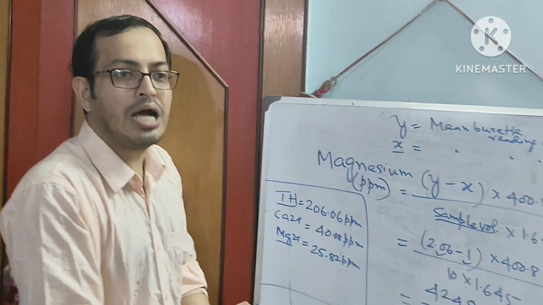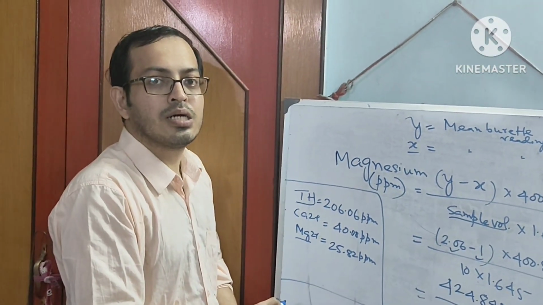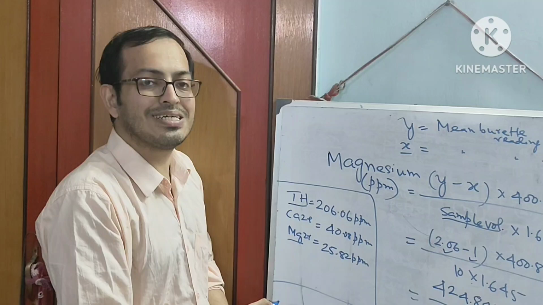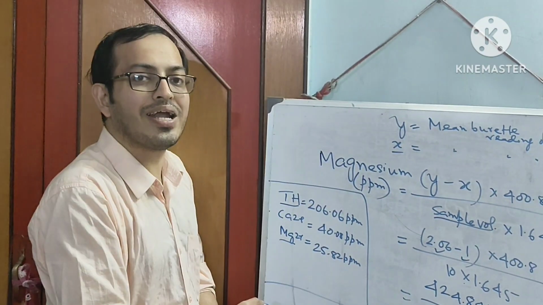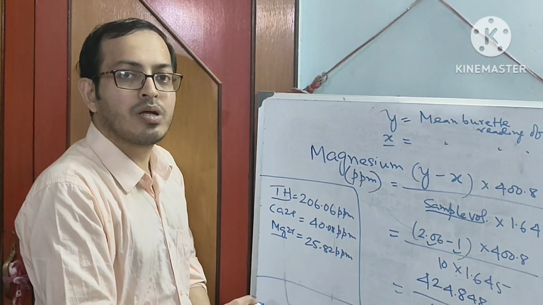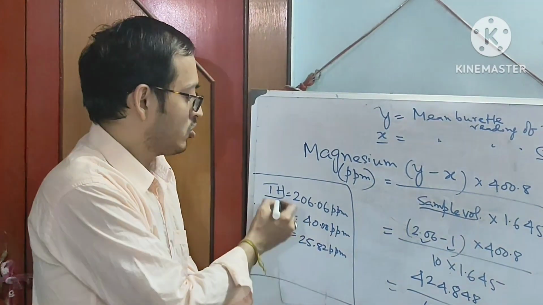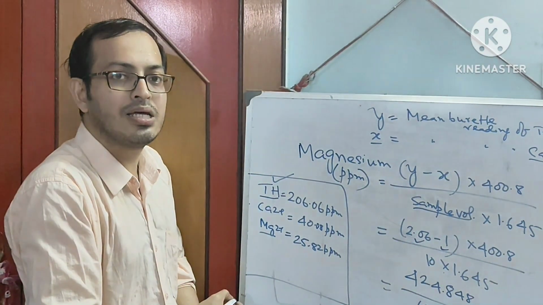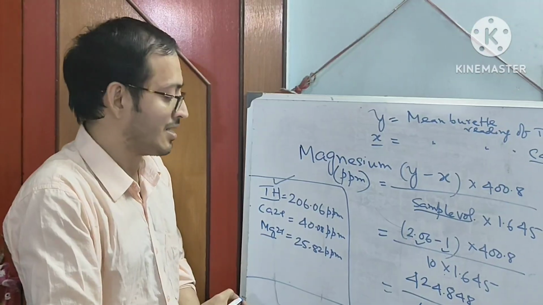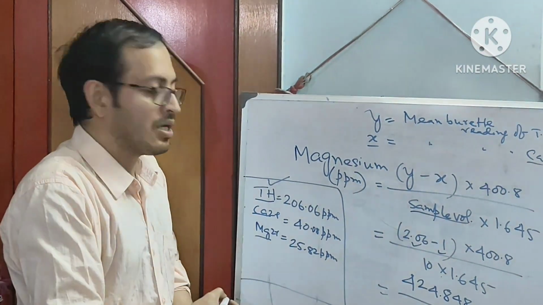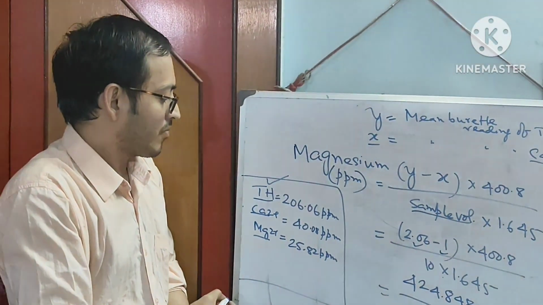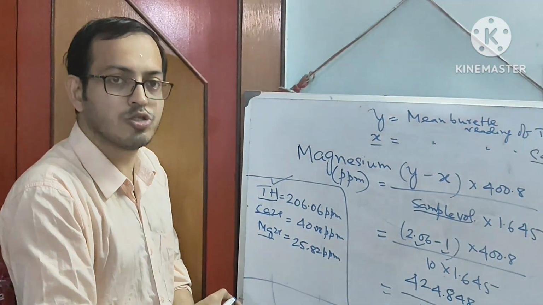So as we discussed earlier, above 180 ppm the water is considered very hard water. So this water sample is very hard in nature, and calcium content is very high, and magnesium is also high.